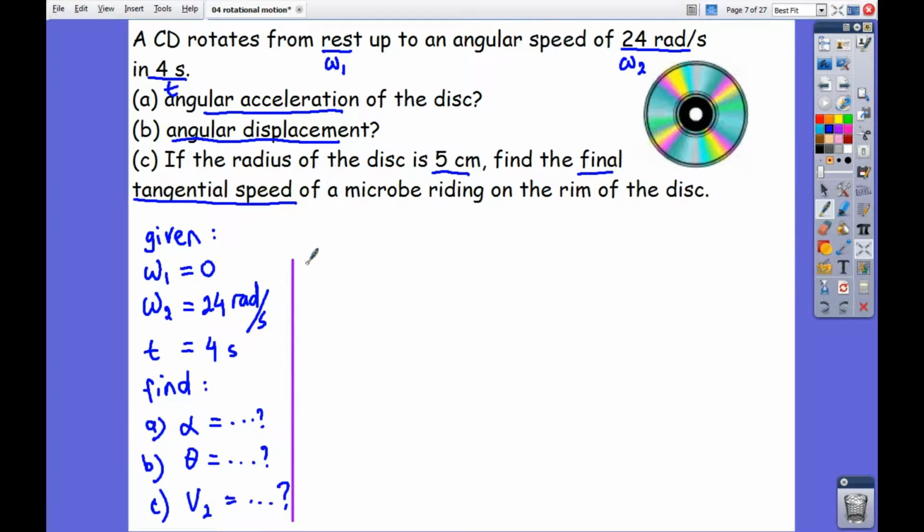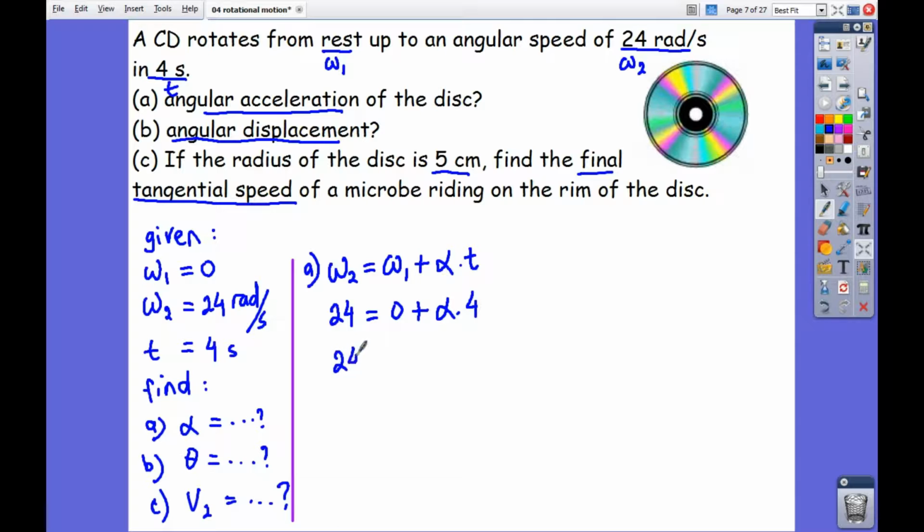Let's answer the first question. To find the angular acceleration, we can use the first formula: omega 2, final angular velocity, equals omega 1, initial angular velocity, plus angular acceleration alpha times time. Omega 2 given is 24, and omega 1 is 0, plus unknown times 4.